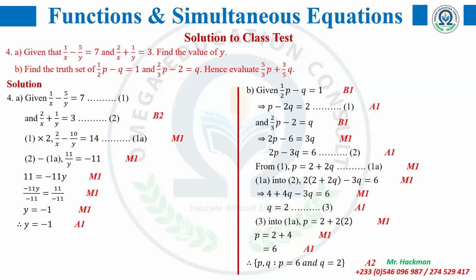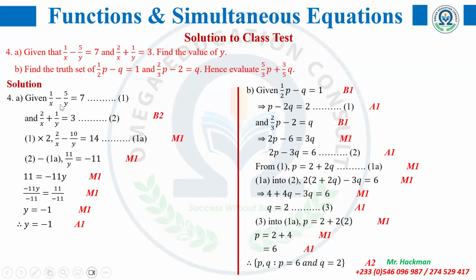So if you took part in the team assignment and contributed, you would find this question very easy. As usual, question 4A, you extract your first equation. Remember I said any equation, if you can clear the fraction before labeling, you do so. But every rule has an exception.